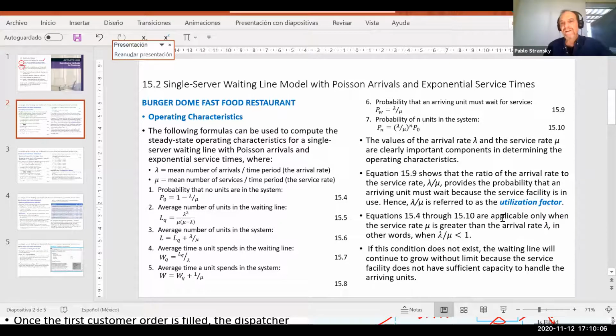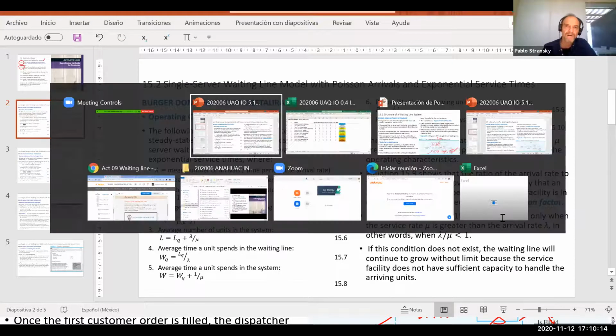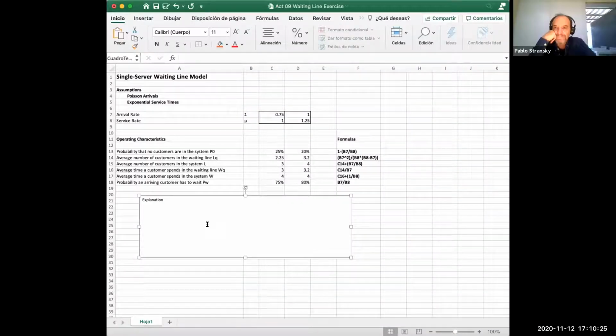Hence, it is referred to as the utilization factor. What is your utilization factor? Do you have your utilization factor, the PW there, Guillermo? 80%. Can you show me your numbers again?